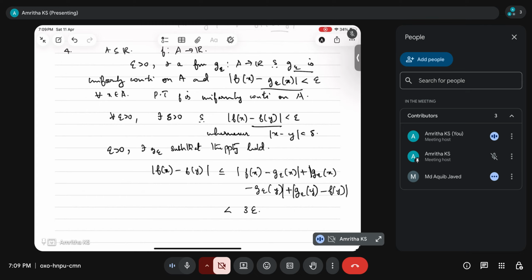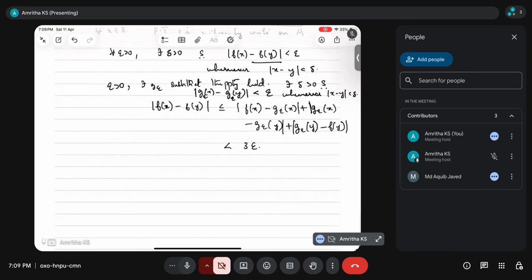So that means there exists a delta greater than 0 such that g epsilon x minus g epsilon y is less than epsilon whenever mod x minus y is less than delta.